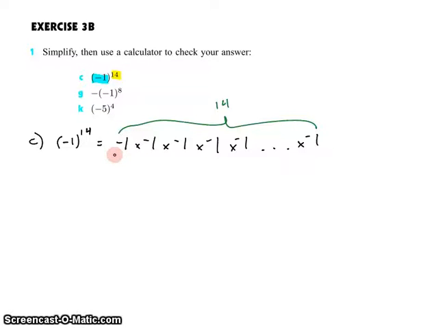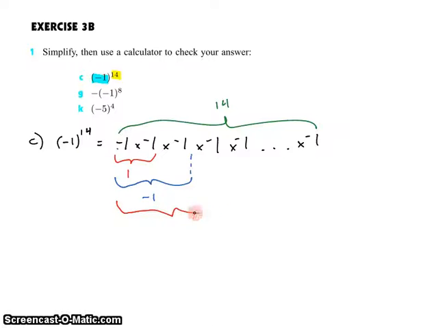If we take -1 times -1, that gives us +1. But if I take -1 times -1 times -1, well, -1 times -1 is +1, and +1 times -1 is -1. Let's keep going.